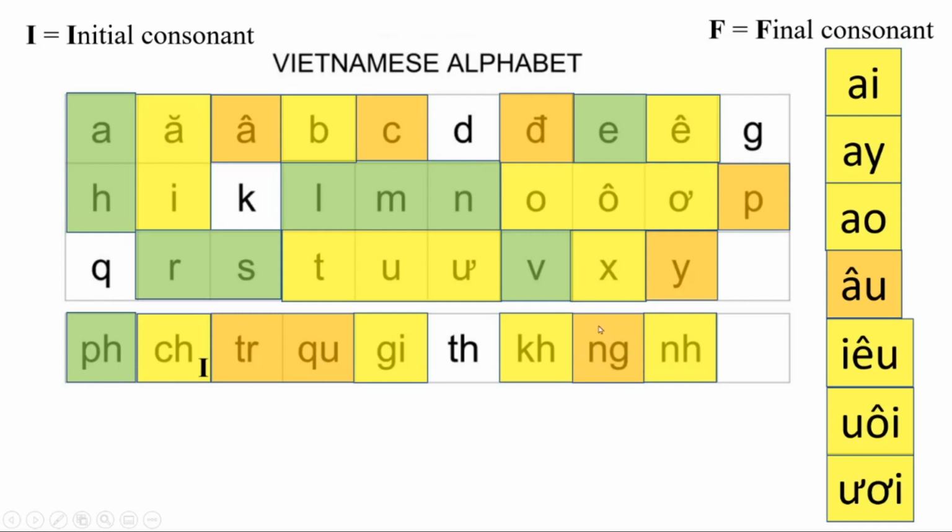As an initial, người. As a final, bang. And as a final blowfish M sound, chung. And also this digraph here, o, as in đâu.